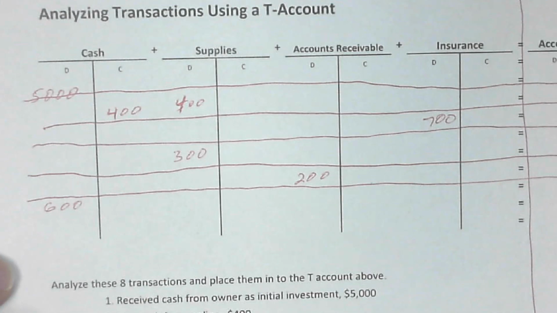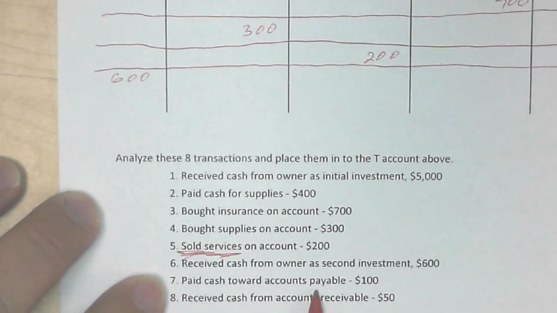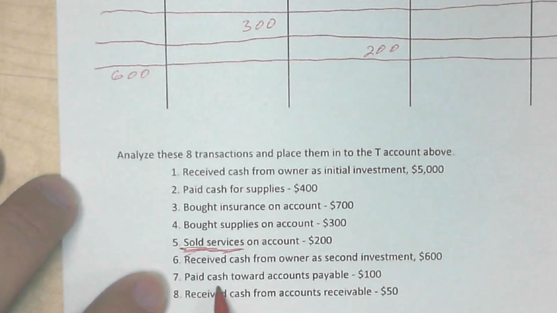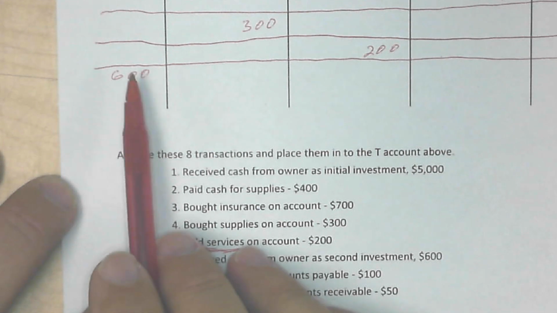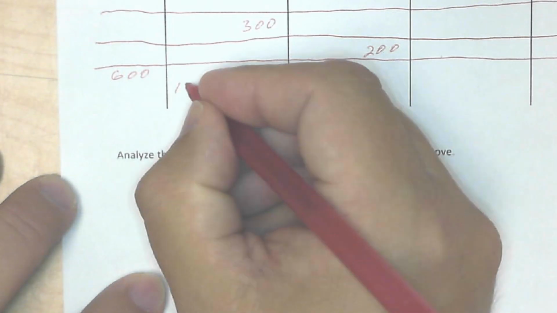Okay, so that gets us to number 7. We paid cash for an accounts payable, so we paid some cash towards a bill. So our cash goes down. So our increases are on the left, our decreases are going to be on the right. So $100 there.